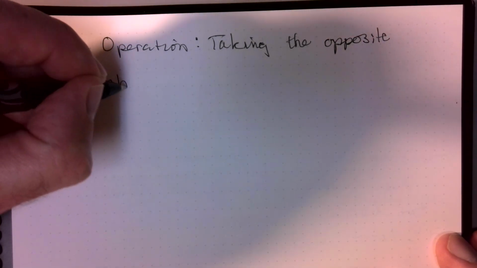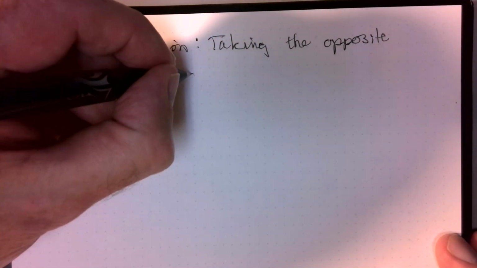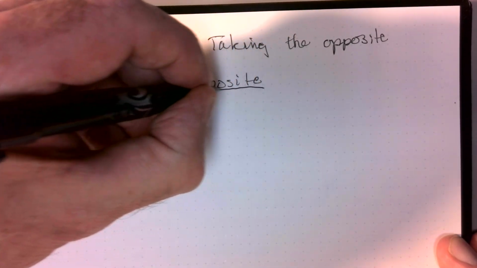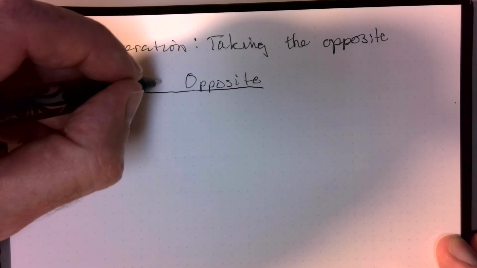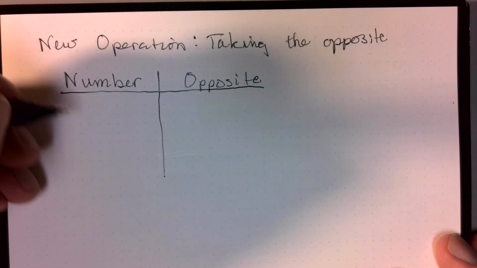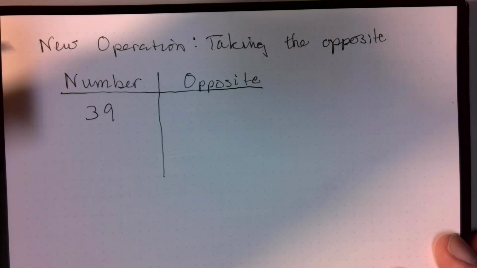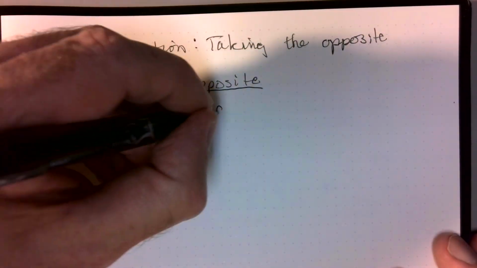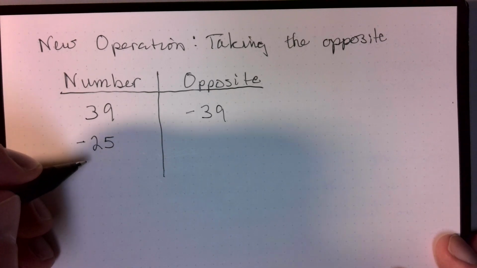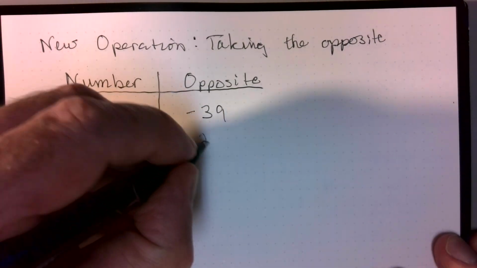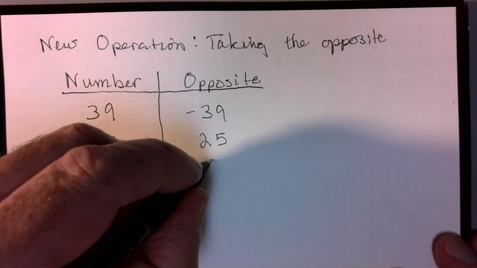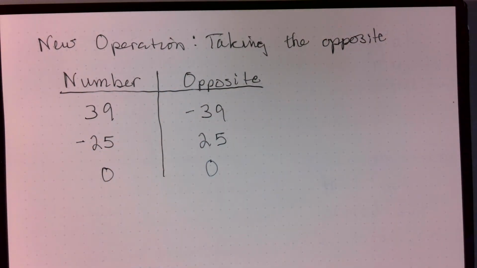We'll look at a number and its opposite. The opposite of 39 would be negative 39. The opposite of negative 25 would be 25. 0 would be its own opposite.